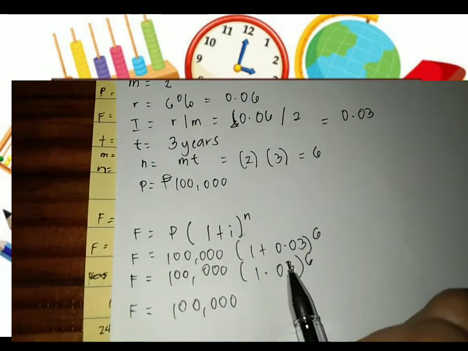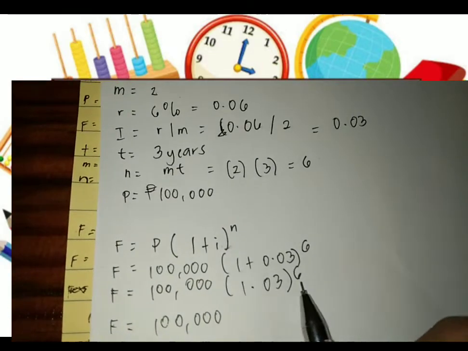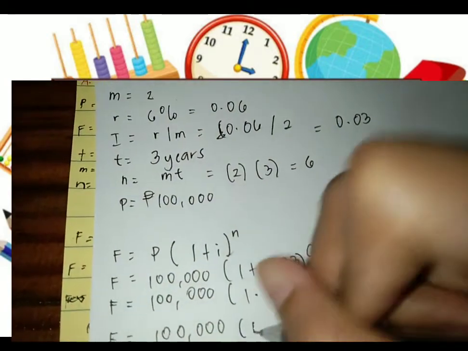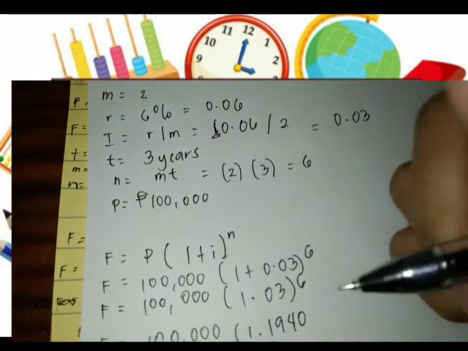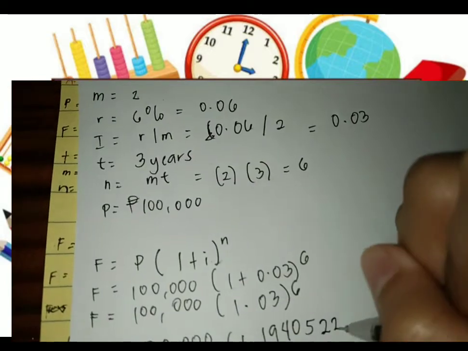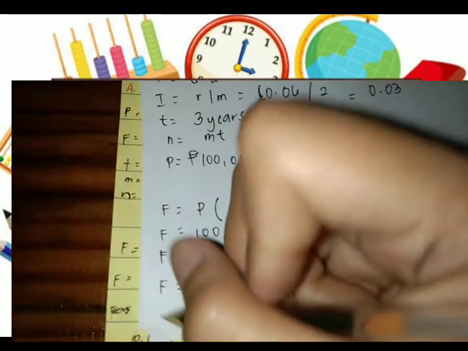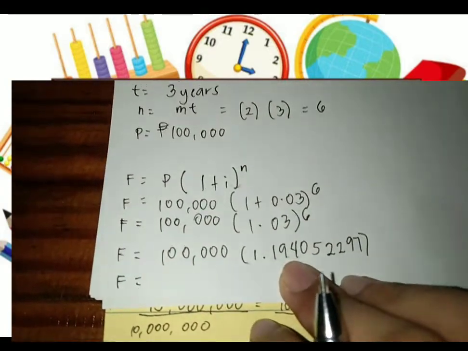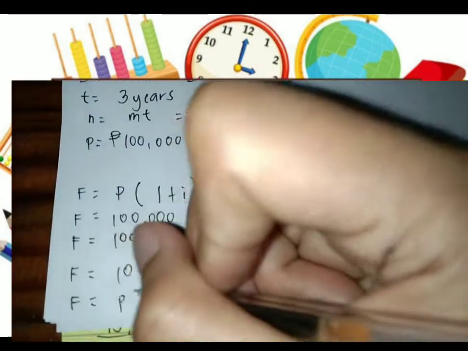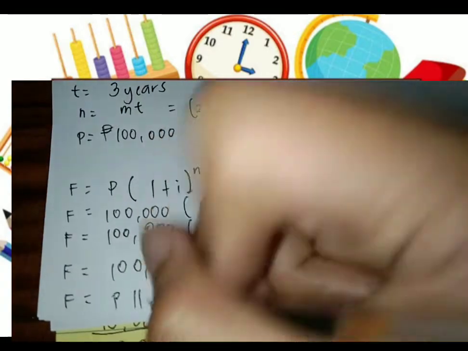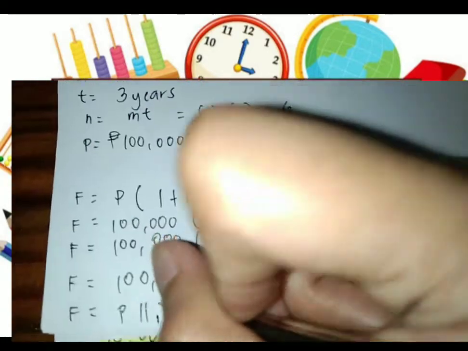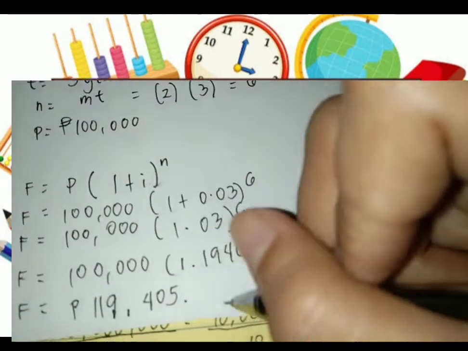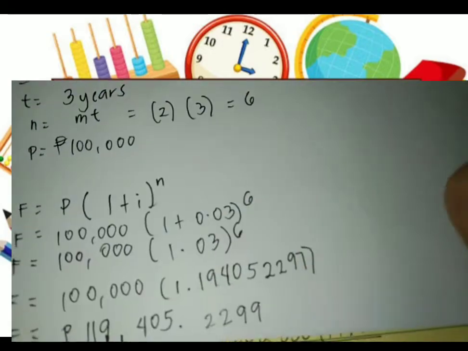So F is equal to 100,000 times 1.03 raised to 6. We will solve it. The answer of 1.03 raised to 6 is 1.19405229. If we multiply it by 100,000, the answer is 119,405.2297.